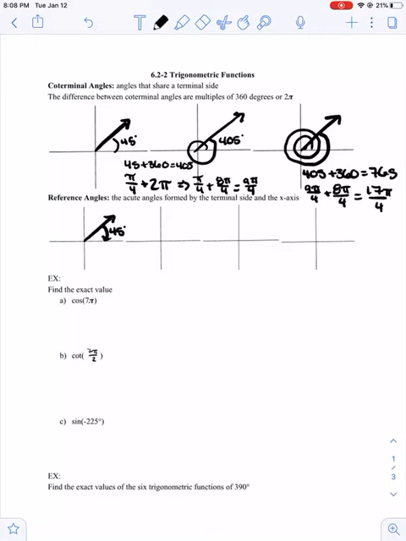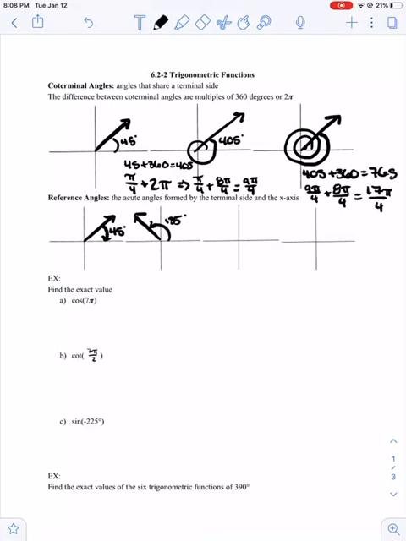Now if I look at, let's say, right here, and that would be 90 plus 45. We'll say this is 135 degrees.